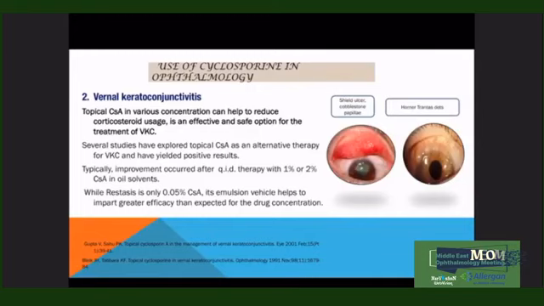However, studies have also shown lower concentrations like 0.1 and 0.05% to be working in VKC because they claim that its emulsion vehicle helps to actually impart greater efficacy than expected for a drug concentration of 0.05%. So they found that topical cyclosporine in various concentrations can help to reduce corticosteroid usage and is an effective and safe option for the treatment of VKC.